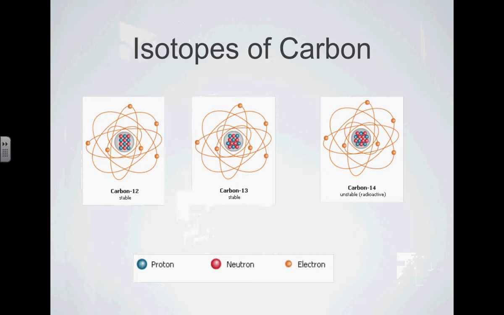There's also some carbon on Earth that's carbon-14. Carbon-14 has 8 neutrons and 6 protons, so it's even heavier. Carbon-14 is an unstable isotope, meaning that it will spontaneously decay and give off some energy. It's called radioactive.